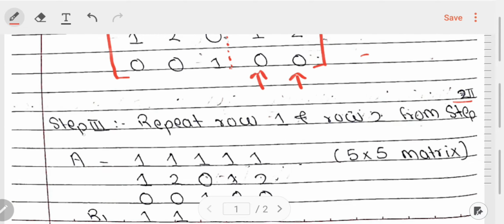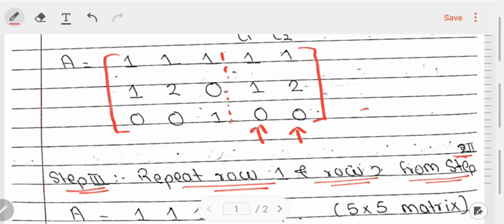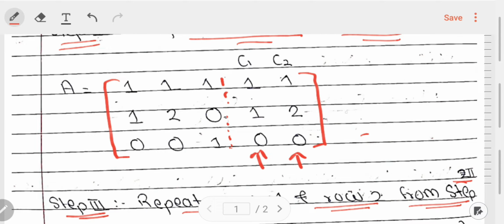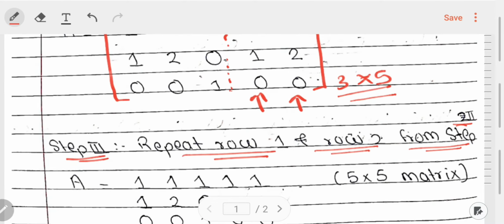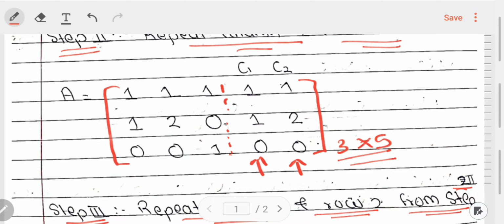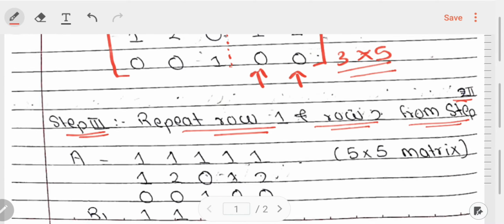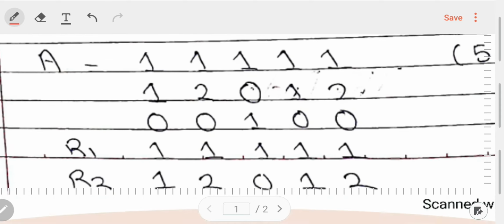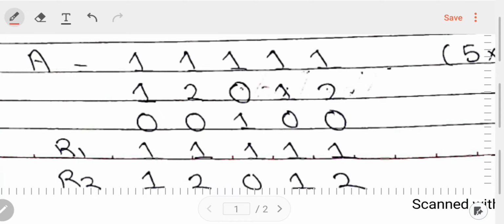Then moving towards step 3, we have to repeat row 1 and row 2 from step 2. So this is our step 2, which is a 3 cross 5 matrix. And from this 3 cross 5 matrix, we have to repeat row 1 and row 2. So here you can see I have repeated the row 1 and row 2.